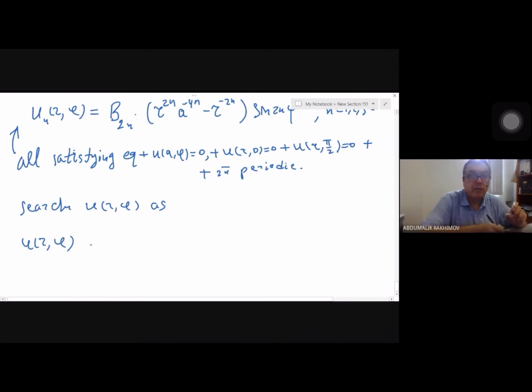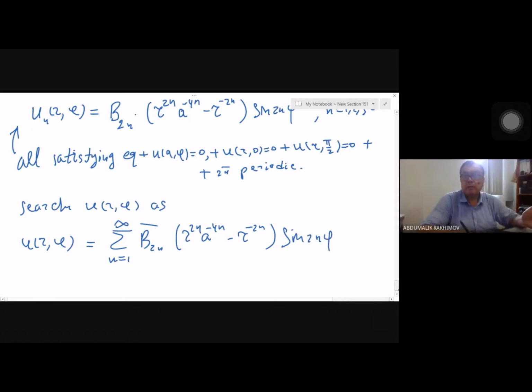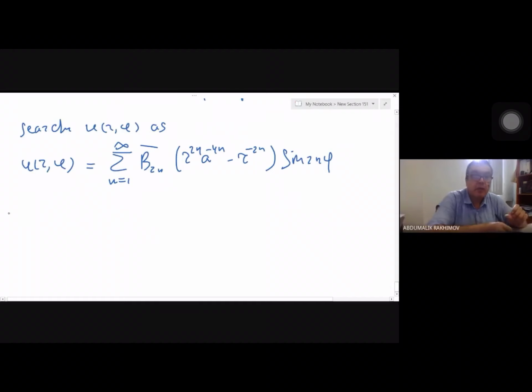So what is u(r, phi)? u(r, phi) is equal to the sum, n from 1 to infinity, of B_2n bar, r to the 2n, a to the minus 4n, minus r to the minus 2n, sine 2n phi. This form, right? To find the B coefficients, we use the last boundary condition.